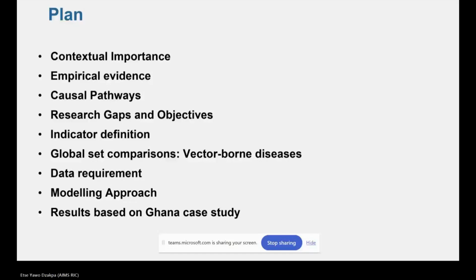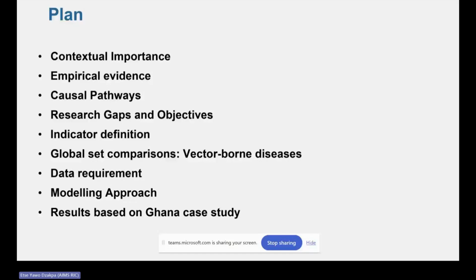Then we will talk about the causal pathway, how climate is affecting malaria cases, and the research gap and the objective of our presentation.